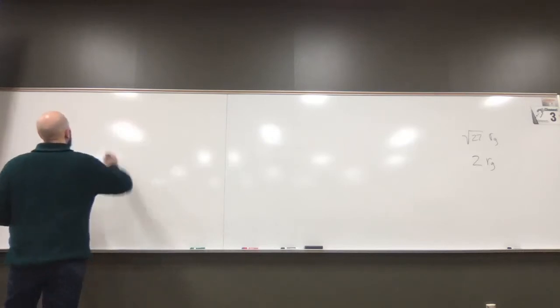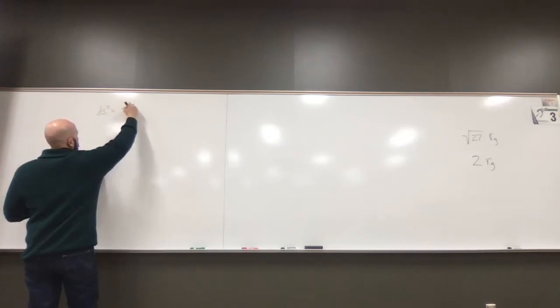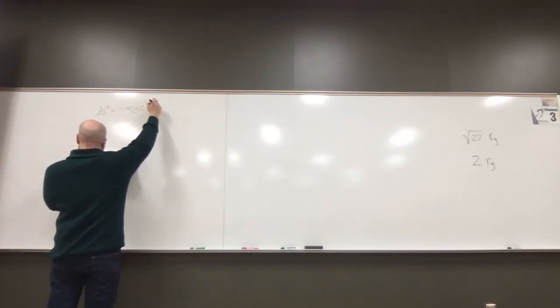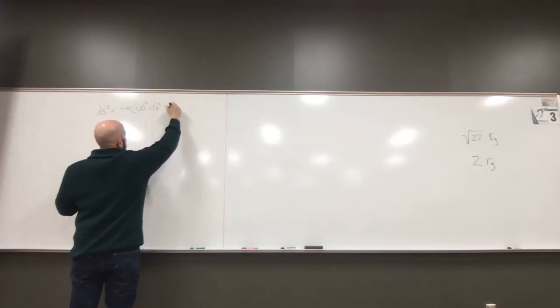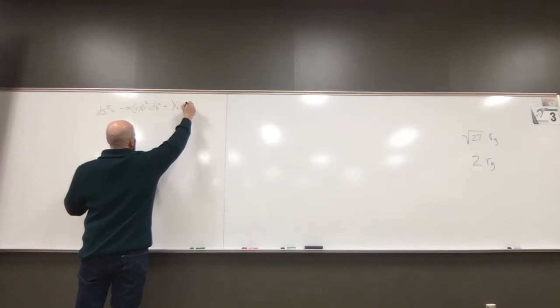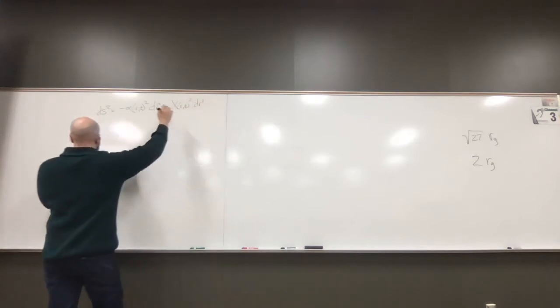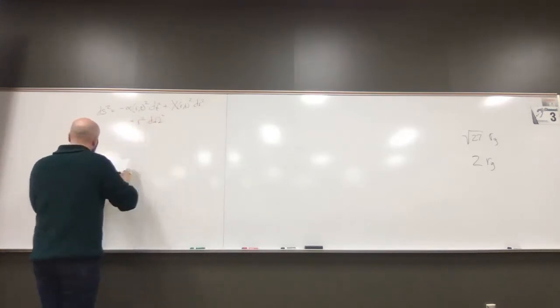Okay, so just to remind ourselves of our metric: minus the lapse, which is a function of radius and time, squared, dt squared, plus this function x, which is a function of space and time, squared dr squared, and then our r squared d omega squared.